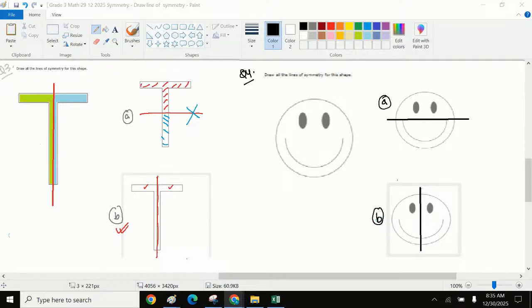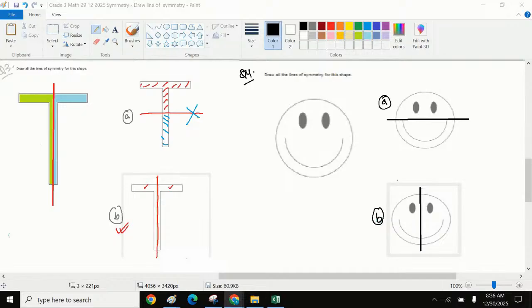In option A, it's a horizontal line on a smiley face. Thank you, May, for the answer. Option B is the correct answer. Yes, thank you. Thank you, Baruch, for the answer.